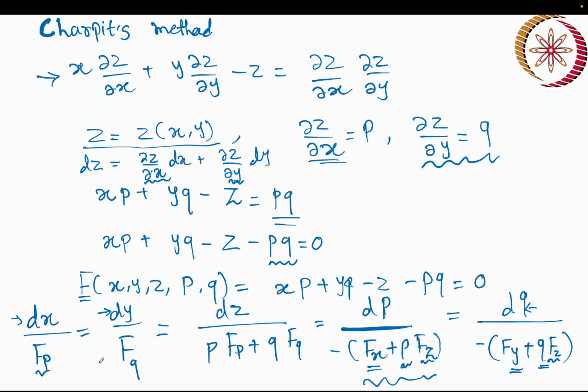Okay, so this is fairly general, so you can try to solve a problem with this method. You can apply it anywhere. Okay, so the question is dou z by dou x plus y dou z by dou y minus z.